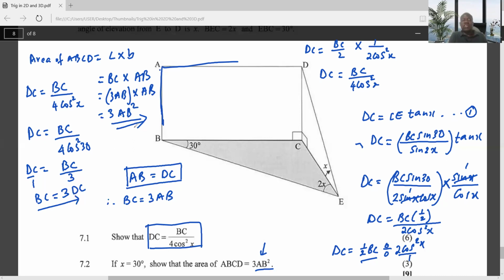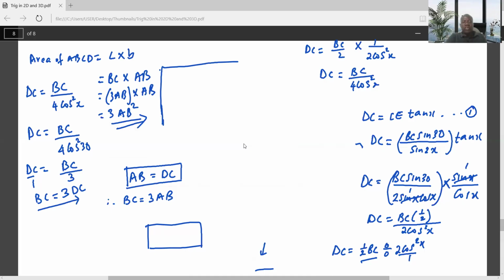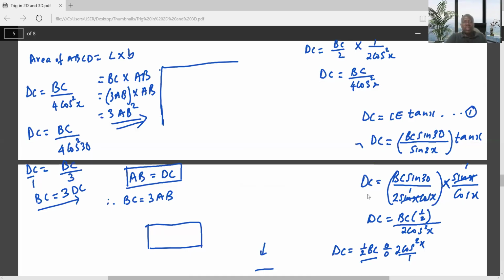Remember, there are many ways to skin a cat. I show all the steps to accommodate everyone, but when you are practicing on your own, you can skip some of the steps. Remember, practice makes perfect, ladies and gentlemen. So this is the last one. I left 2 questions, question 4 and question 5.